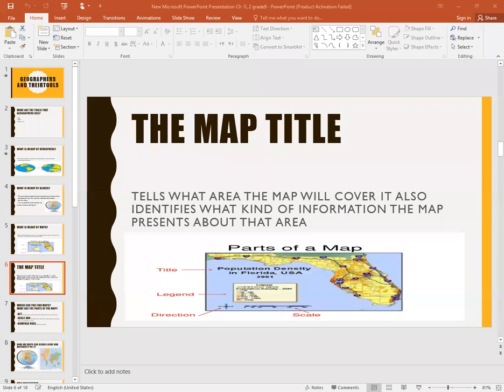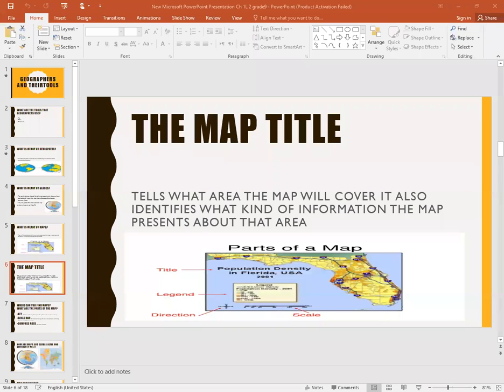Jana? The map title means what the map represents. Yes, thank you very much. The map title means what the map represents. What are you going to find inside the map? Here, it tells us what area the map will cover.